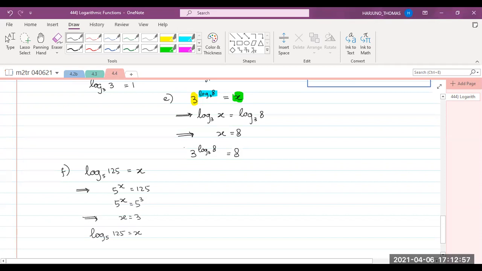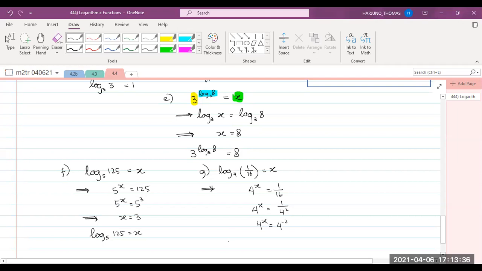How about part G? Log base 4 of 1/16. I don't know what that is, call that x. Okay, Thomas, what if I know that? Then you still need to show your work, right? So that's 4 to the x equals 1/16. We can write 1/16 as 1/4 squared, which is 4 to the -2.